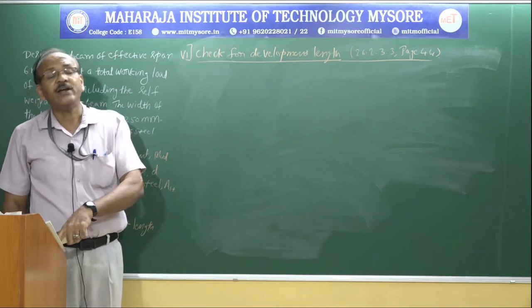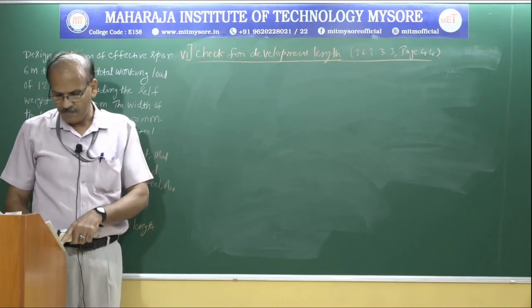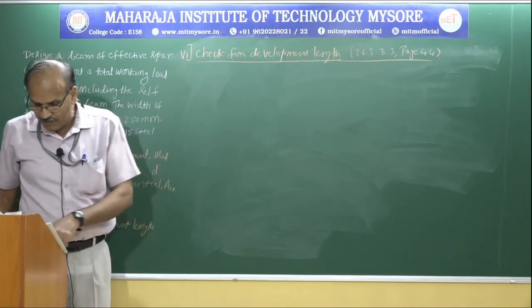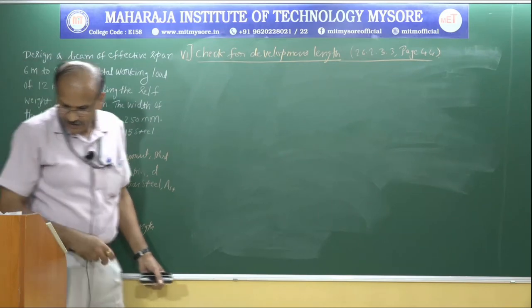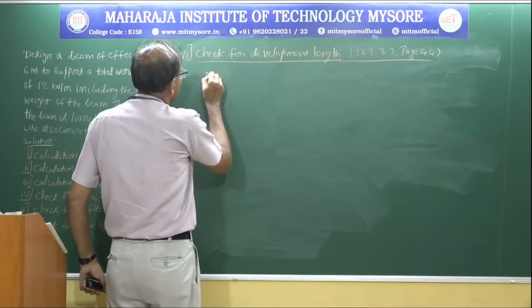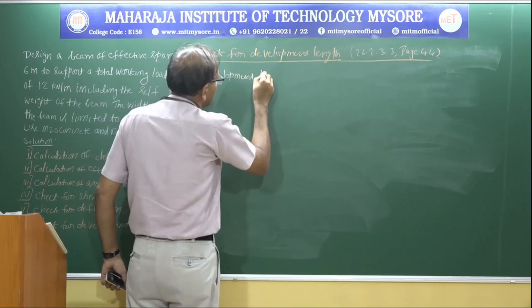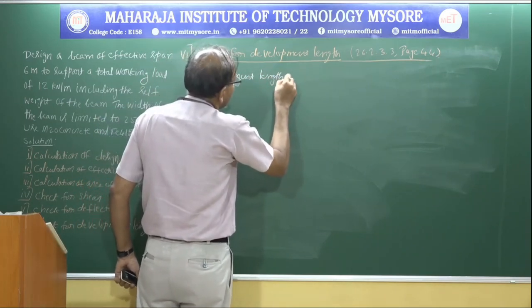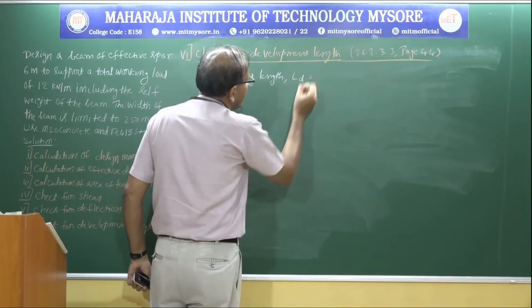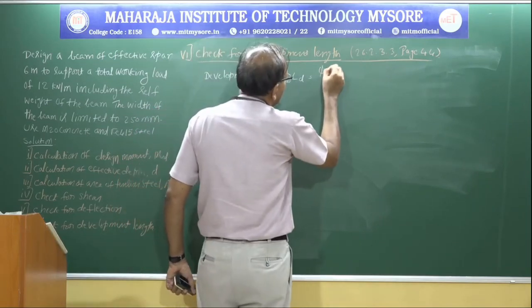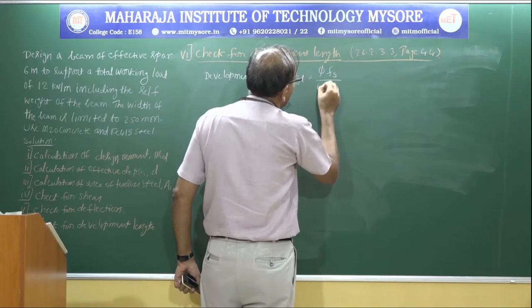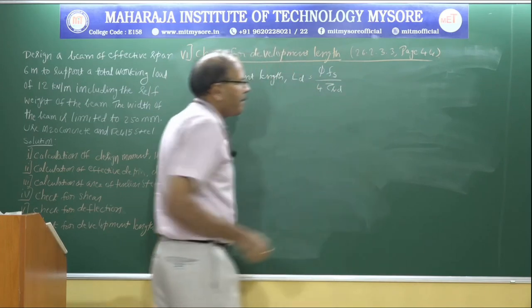So let me find out what is LD first. Development length LD equal to phi Fs by 4 tau Bd.